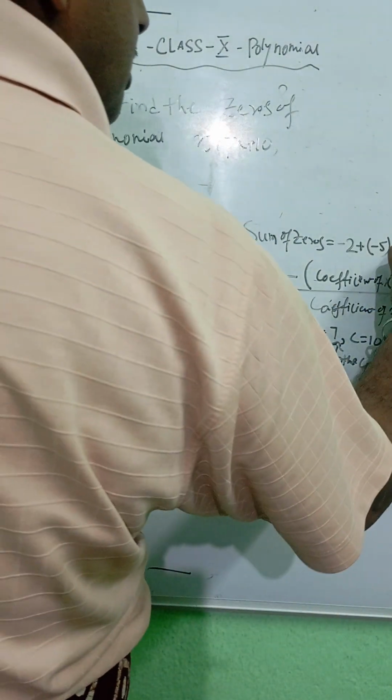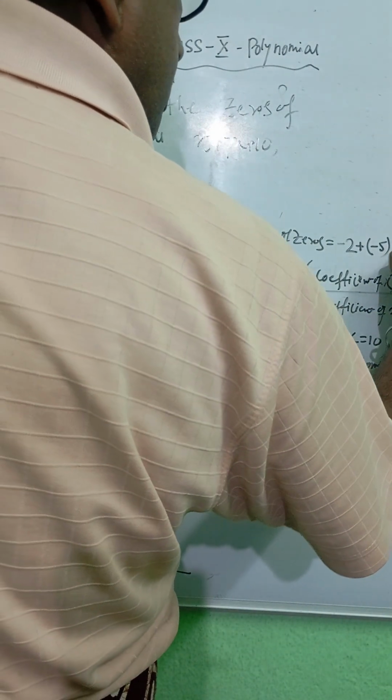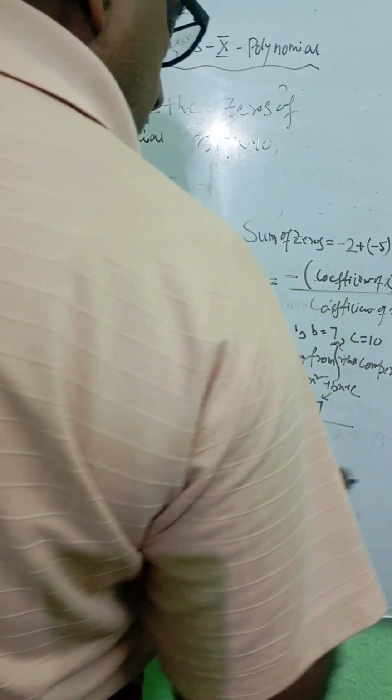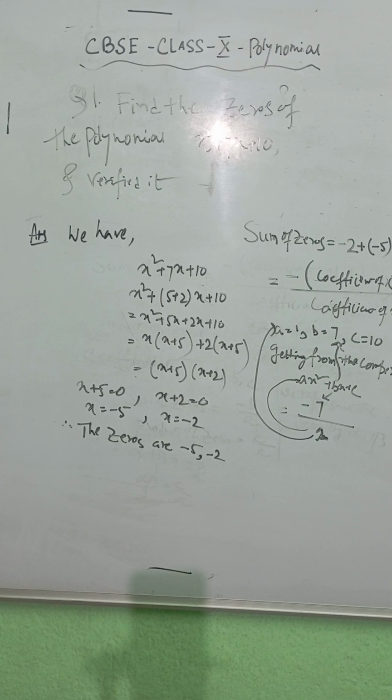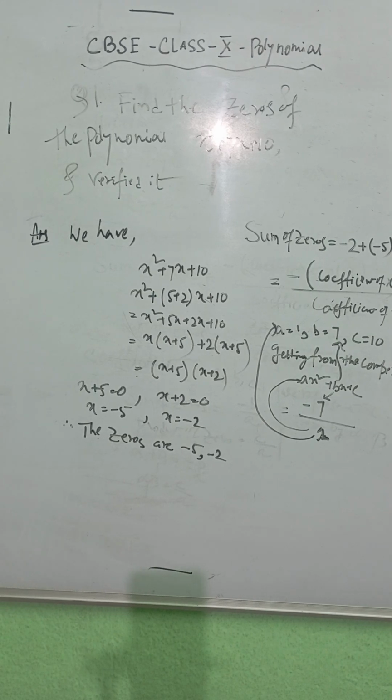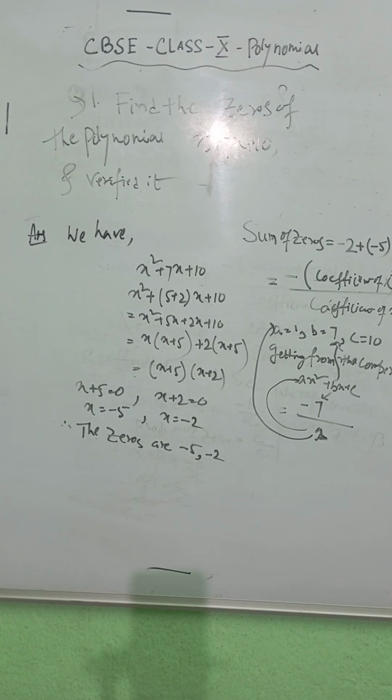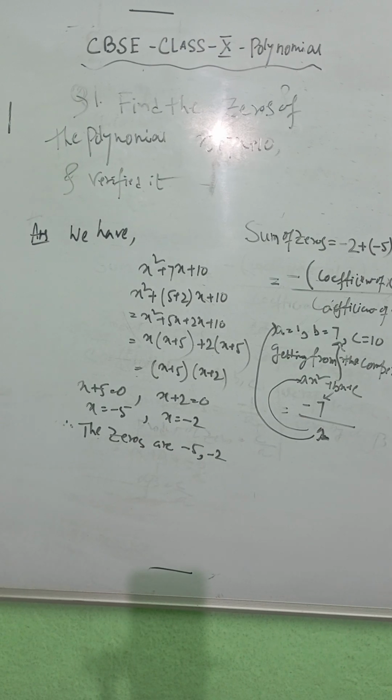Now over here, this is minus 7 and this is minus 7. Now the sum of zeros is verified.